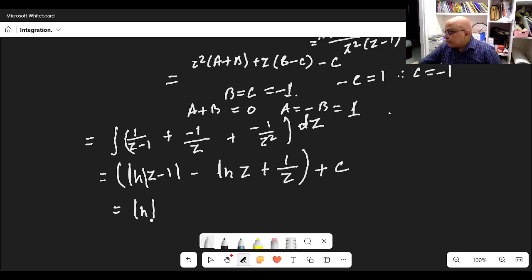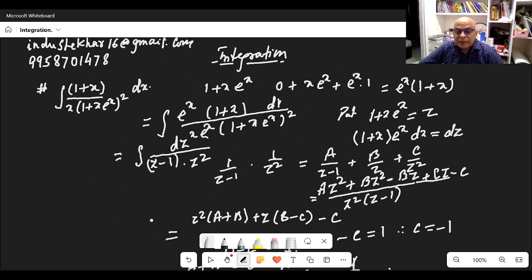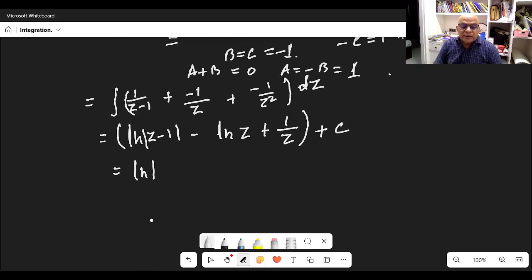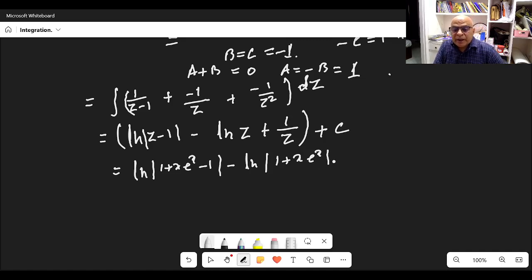Z we have assumed as 1 plus x e^x. So 1 plus x e^x minus 1, this one, minus ln z, so 1 plus x e^x, and then finally plus 1 by z. So plus 1 by (1 plus x e^x) plus C.